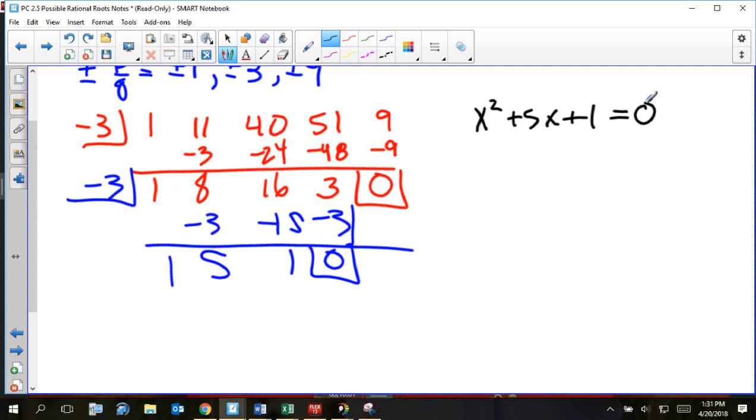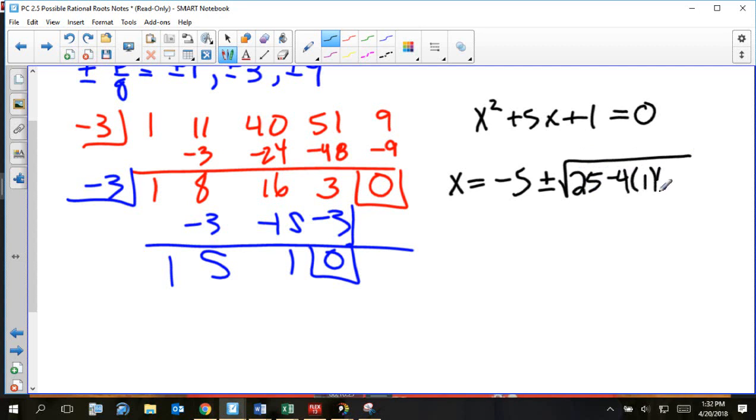Will I be able to factor this with a 1 on the end and a 5 in the middle? So factoring's out. I'm left with complete the square or quadratic formula, but if I look in the middle and it's a 5, I want to do complete the square for this one. If it were a 4, I'd do it with a 5. So I'm just going to do quadratic formula. X equals opposite b plus or minus square root b squared minus 4ac all over 2a.